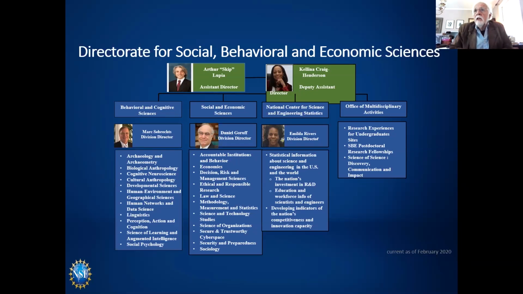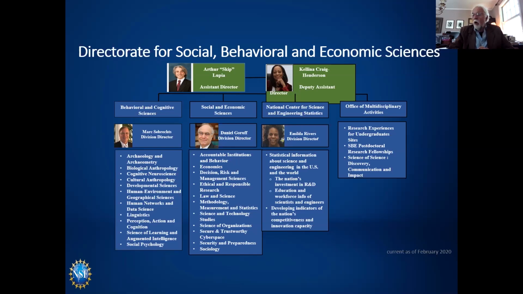Okay, here's the organization chart. As I said earlier, it's flat. Our director is Skip Lupia. The deputy director is Kelly Craig Henderson. SBE's model, by the way, is that the assistant directors are rotators. They're here for about 4 years, then they leave. The deputy assistant is a lifer.